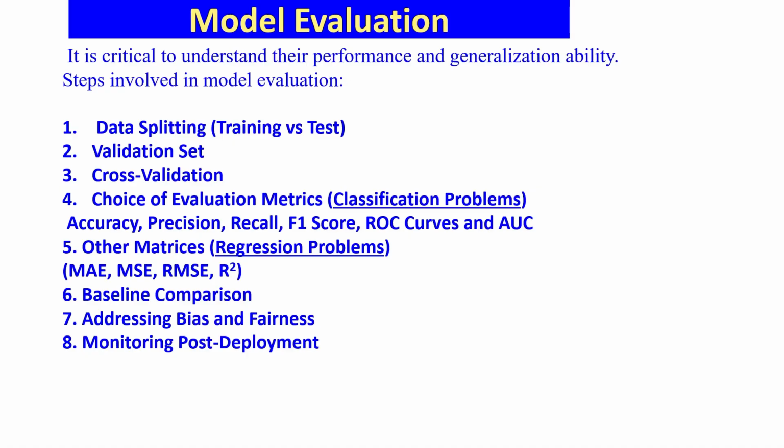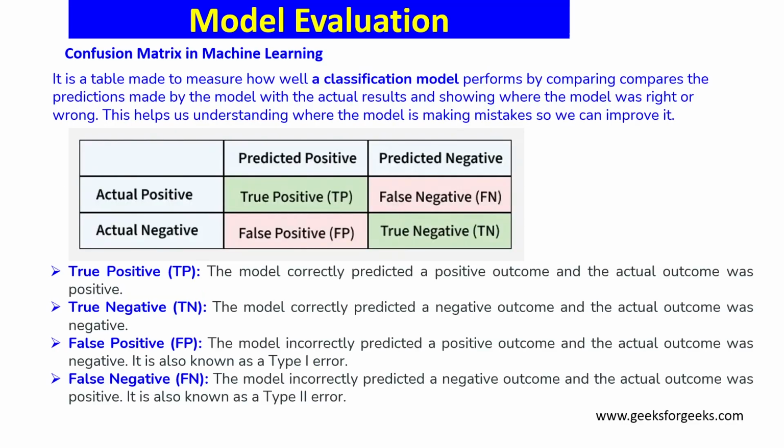We must probe that, but we are not discussing these aspects in detail because they require a lot of discussion. And obviously, after you deploy it, you need to monitor the post deployment aspects. So, these are the 8 different things we need to consider when we talk about model evaluation.